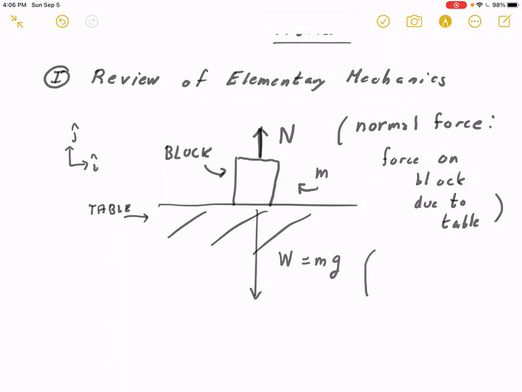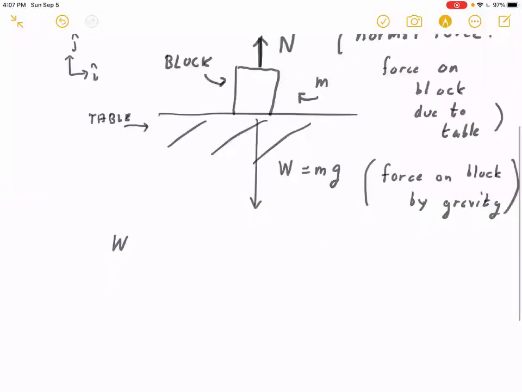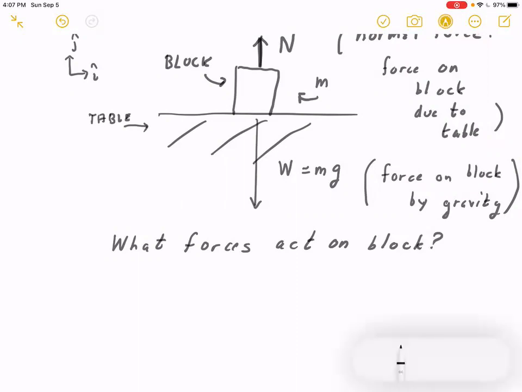So this force is the force on the block by gravity. So the central question you always ask yourself in mechanics is, what forces act on a system? And in this case, the system is my block. And once you identify those forces, then you need to evaluate them.